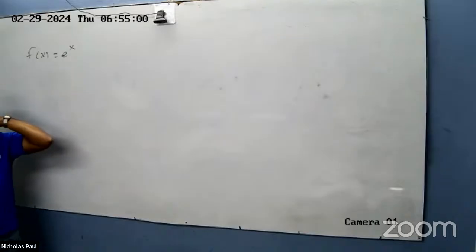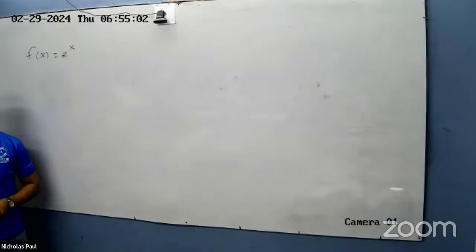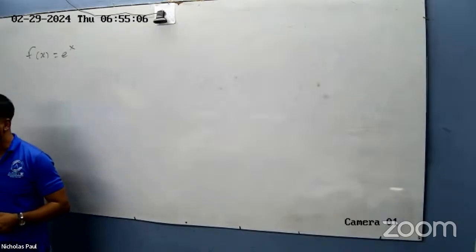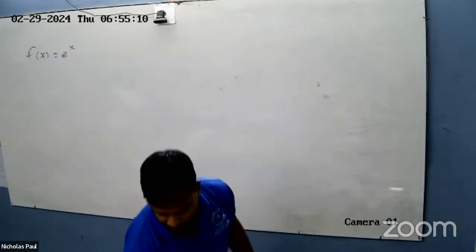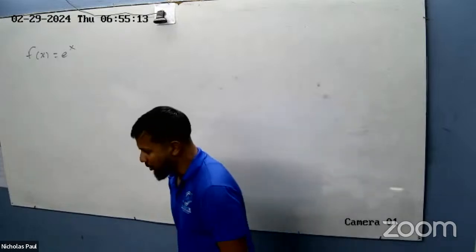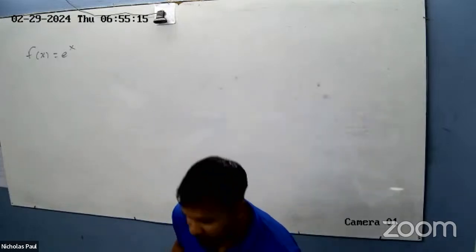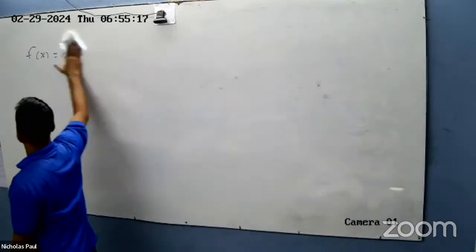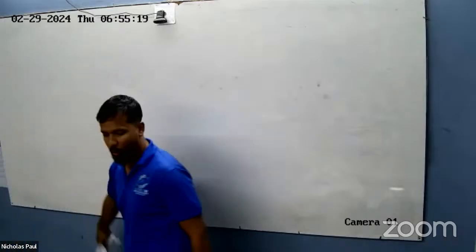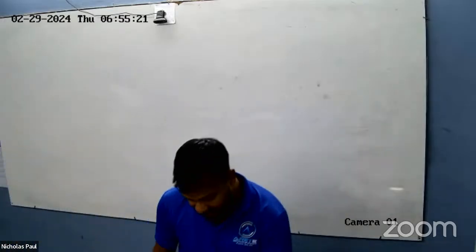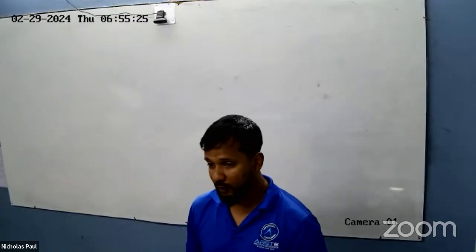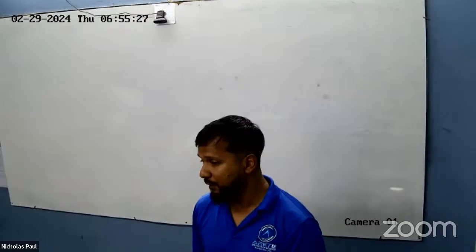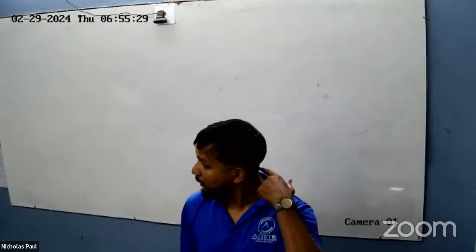I'm not too sure, but I know some schools have Taylor on their formula sheet, but everybody else has Maclaurin's for sure. So let's take a look at the Taylor expansion, and then I'll show you how to go from the Taylor expansion to the Maclaurin. The only problem is that you'll have to remember how to differentiate: product rule and so on.